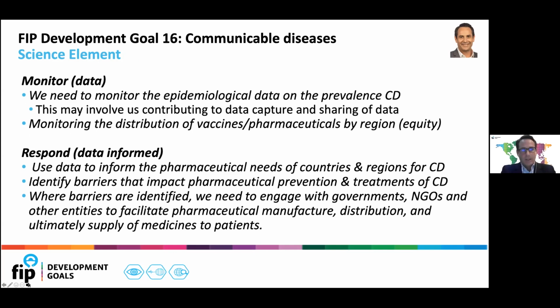In thinking about the science element, we need to be heavily influenced by data. So we need to monitor the epidemiological data on the prevalence of communicable diseases. This may involve us contributing to data capture or sharing of data. Whether pharmacy associations, member organizations, large pharmacies, networks of pharmacies, or very small pharmacies, we all keep records.